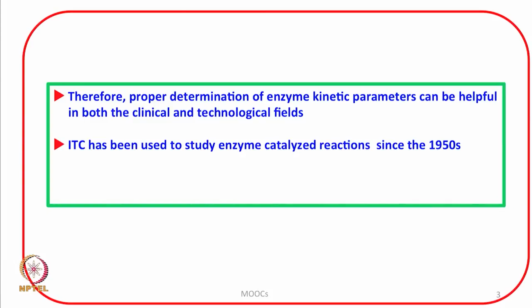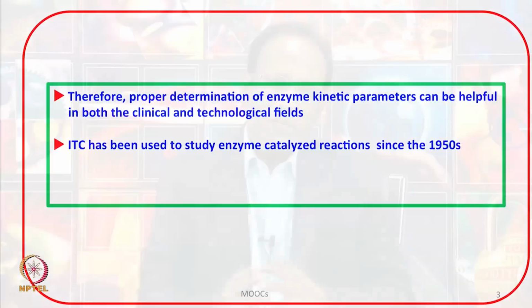ITC has been used to study enzyme catalyzed reactions since the 1950s. I made a comment here that ITC has been used to study the reactions pertaining to enzymes since the 1950s.